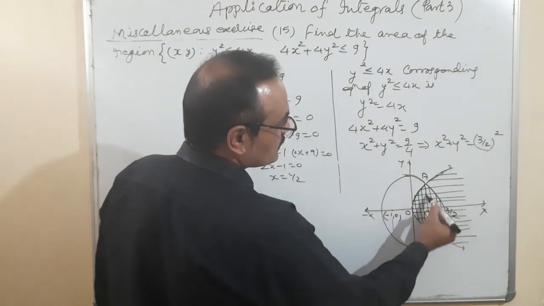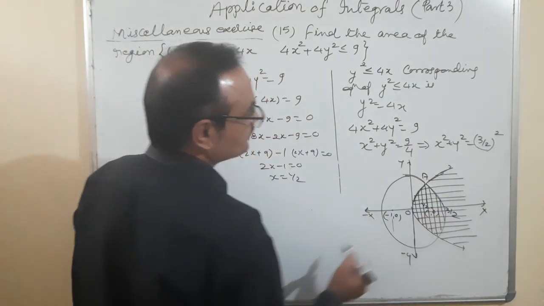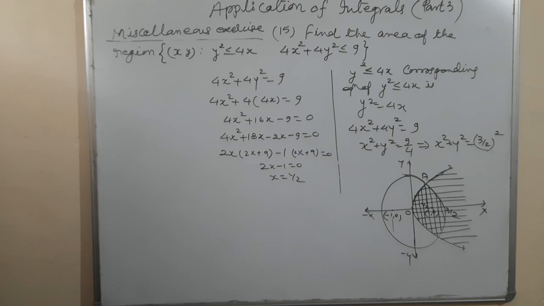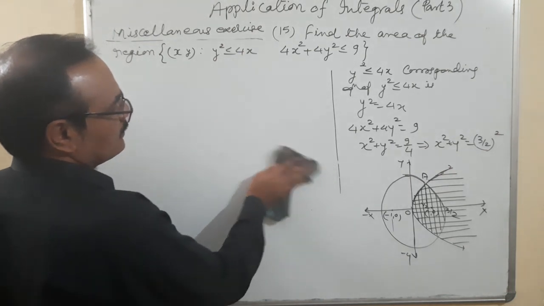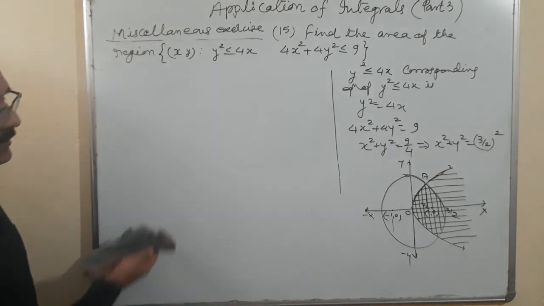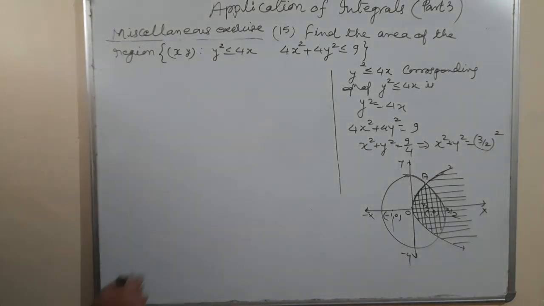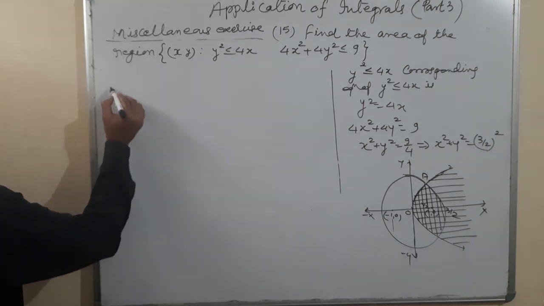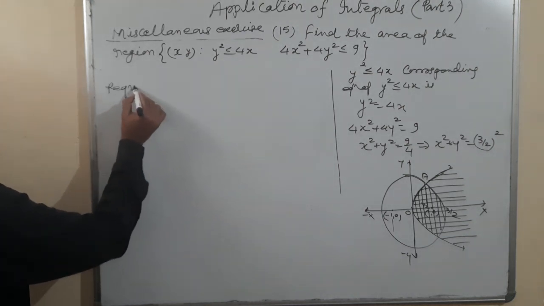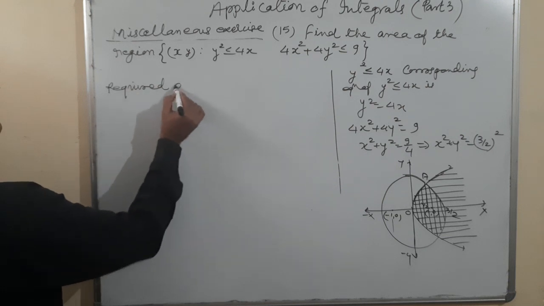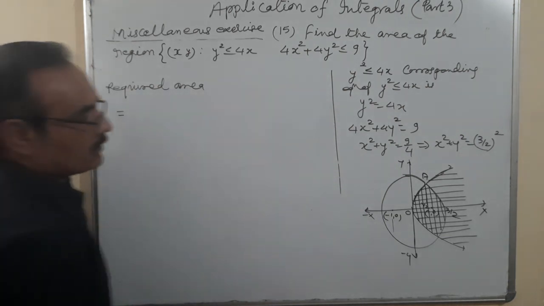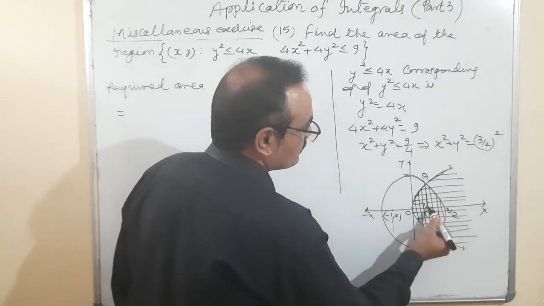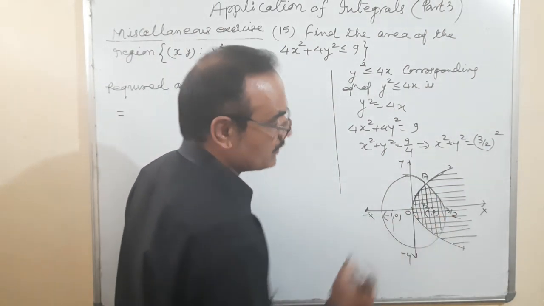So this part is 1 by 2. Okay, this is 1 by 2. So for finding the area, required area is equal to, we are finding the area of this plus the area of that, and double of it on both sides.